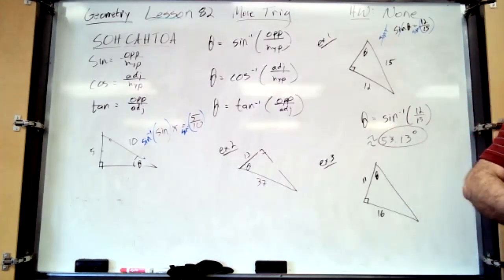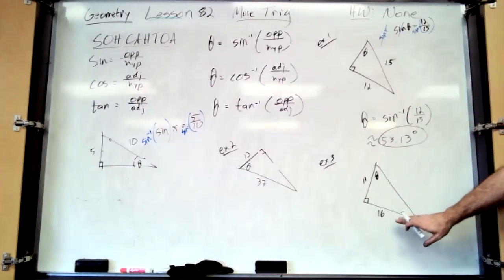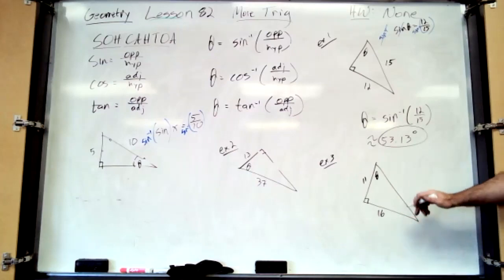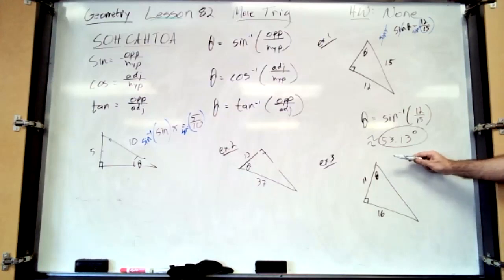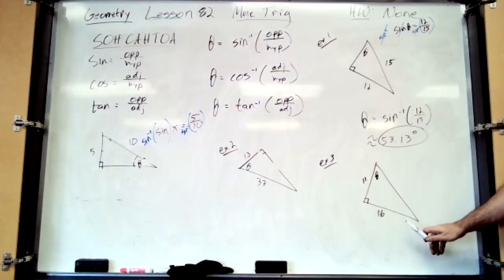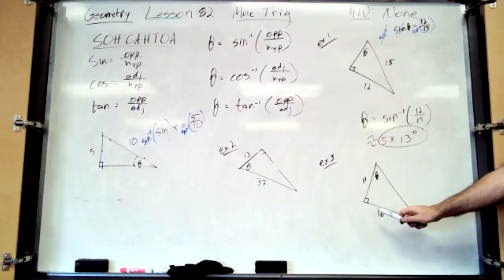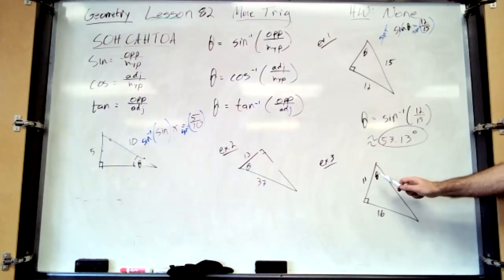I think I did the 16 over 11, right? Okay, but which function did you use? The tangent. Right. So look at theta. What sides are you given? Ava, can you see what sides you're given in relationship to theta? Oh, I didn't look at that. I'm so confused. See how 16 is the opposite from theta?